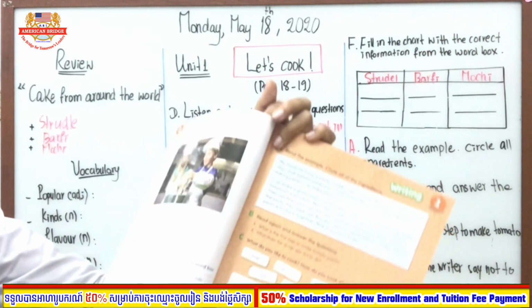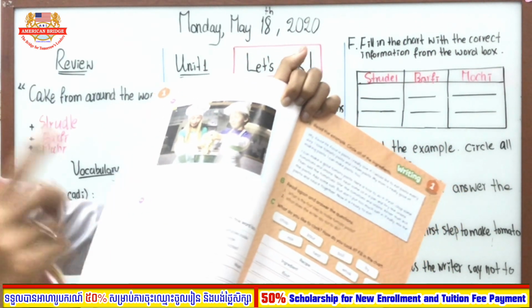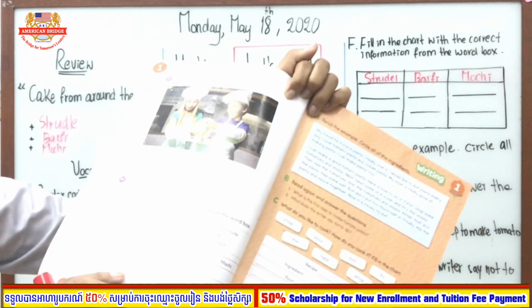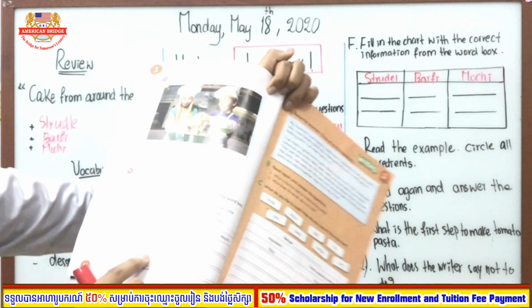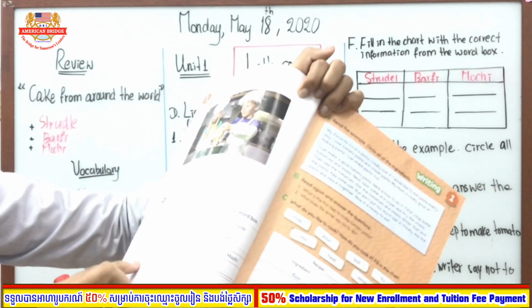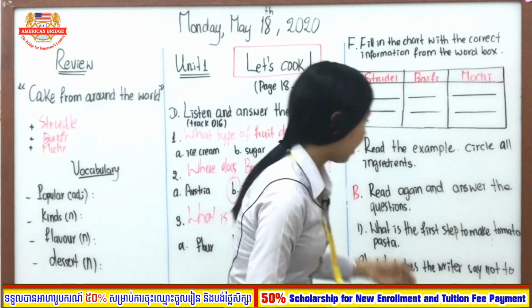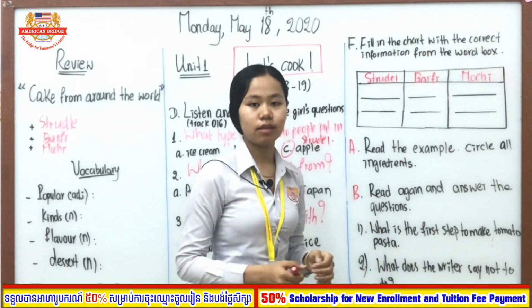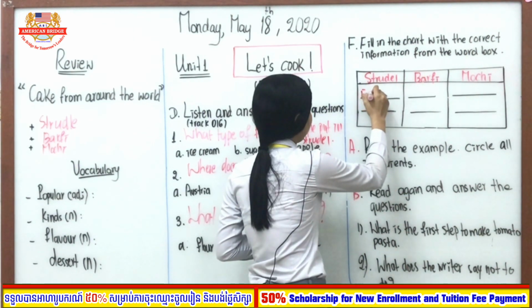So if you don't understand, try to look back at our reading before in order to complete the information related to the cakes that are described. So for example, strudel, there is some information that you can see in the chart. If strudel comes from Austria, you put the words from Austria.